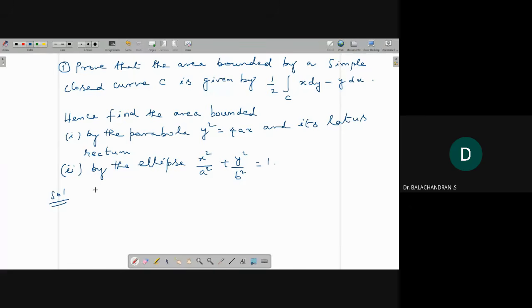So by Green's theorem, we know that the integral over C of P dx plus Q dy equals the double integral over R of (dou Q by dou x minus dou P by dou y) dx dy.